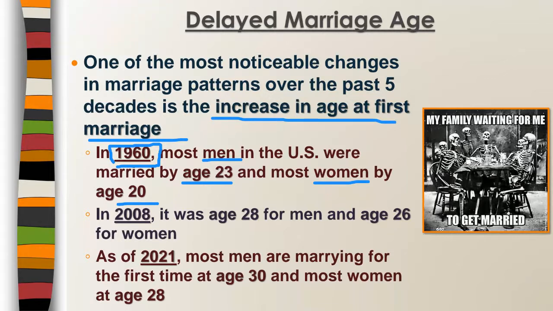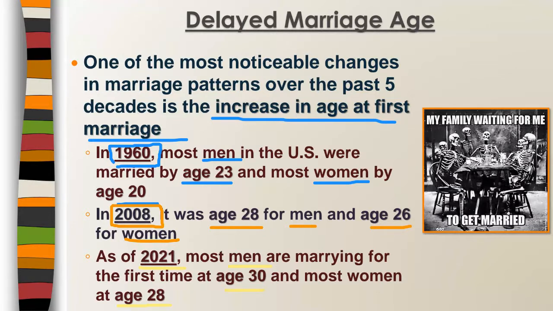So today, actually, let's look at 2008. The age had increased to 28 for men and 26 for women. As of 2021, men were getting married at age 30 and most women by age 28.